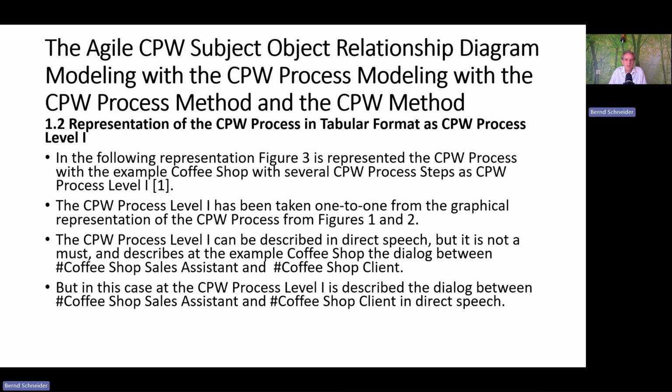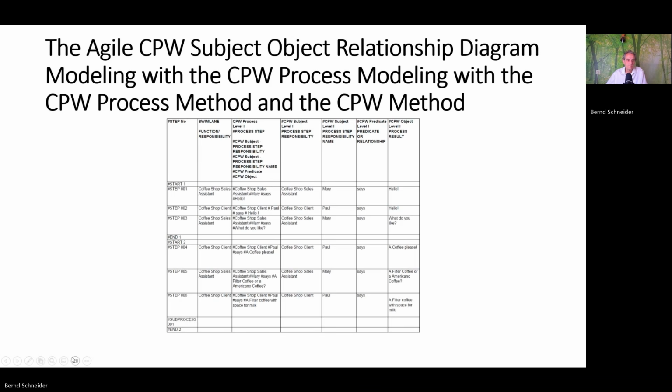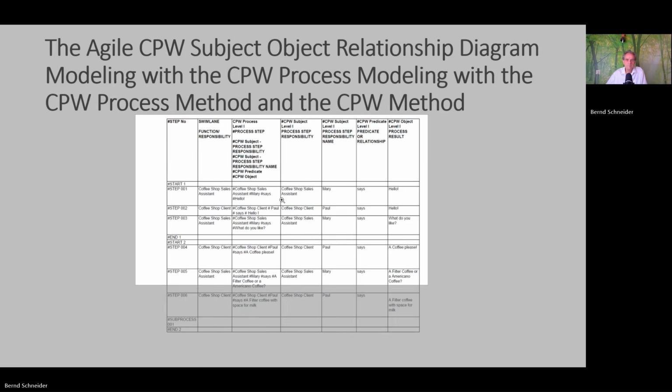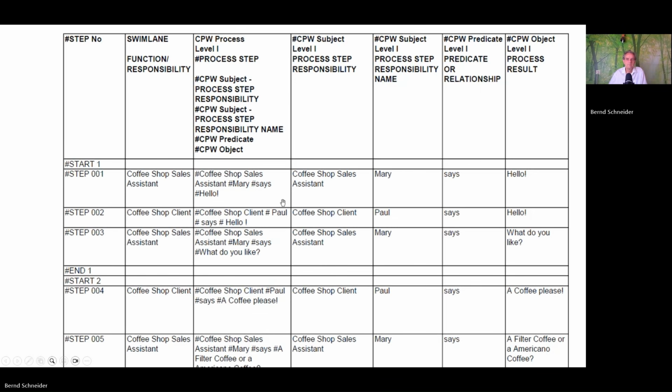But in this case, at the CPW process level 1 is described the dialogue between hashtag coffee shop sales assistant and hashtag coffee shop client in direct speech. So we see here the CPW process level 1 in tabular format.